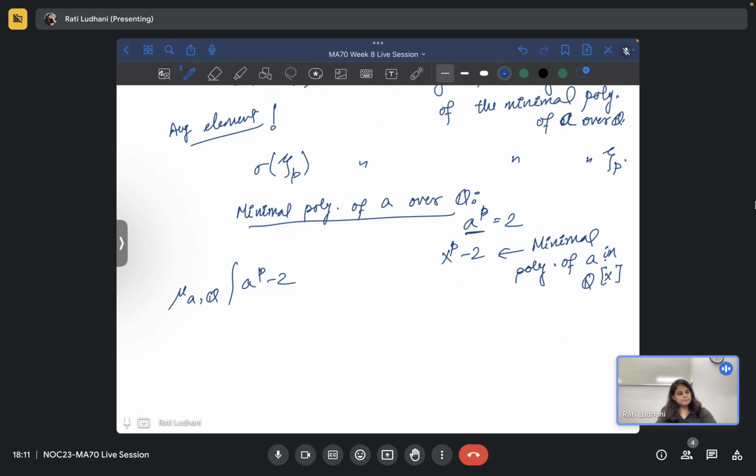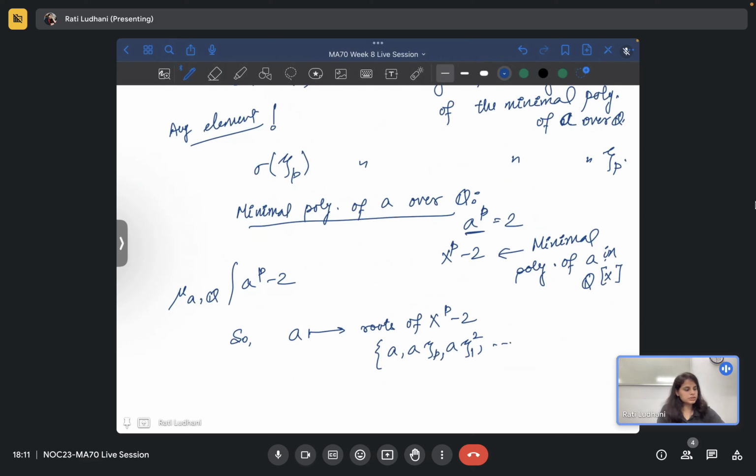Now, let's see what we have now. So a can map to roots of x raised to power p minus 2, roots of which is the set a, a zeta, a zeta square, and so on.